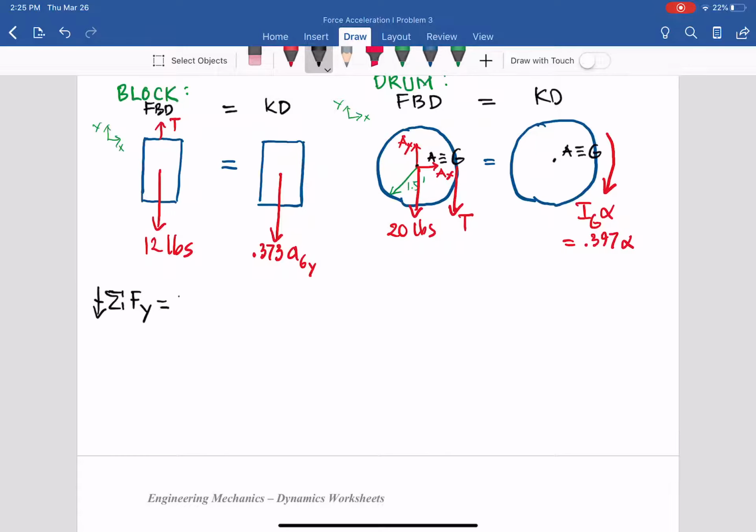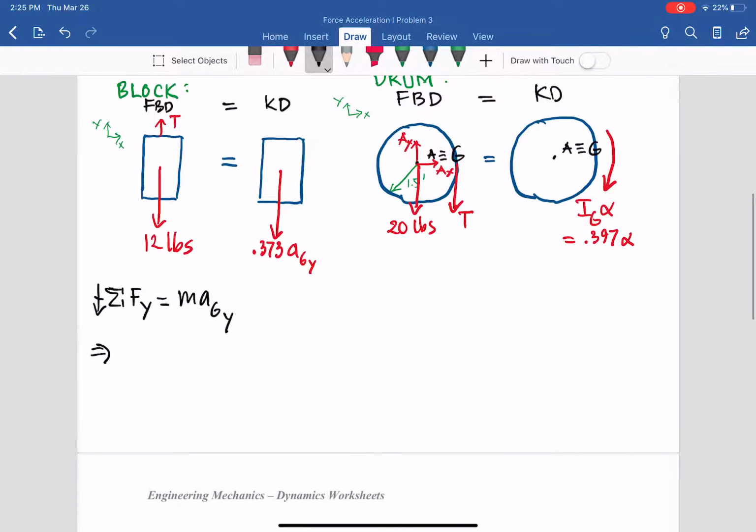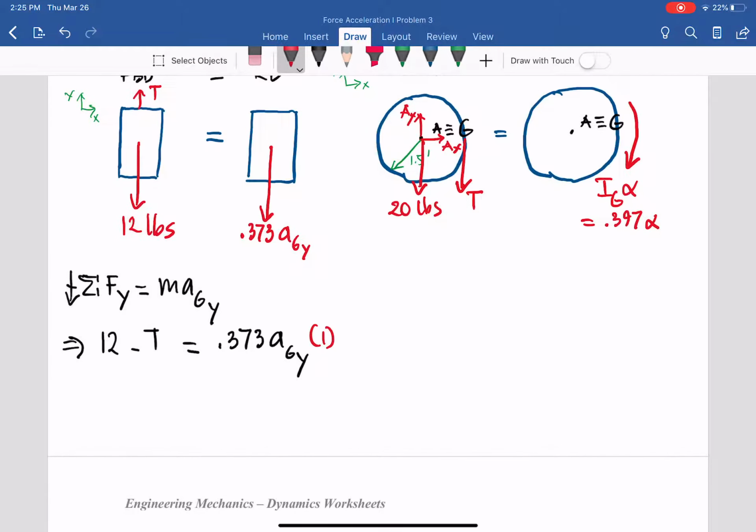Sum of Fy equals MAgy, so we have 12 minus T equals 0.373 AGy. Let's name that equation 1. You also have x, but nothing, 0 equals 0. And for translation, no moment. So that is the only equation for the block.